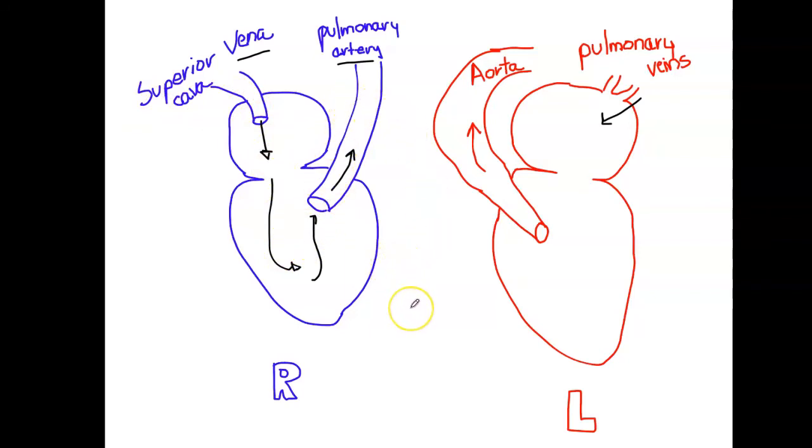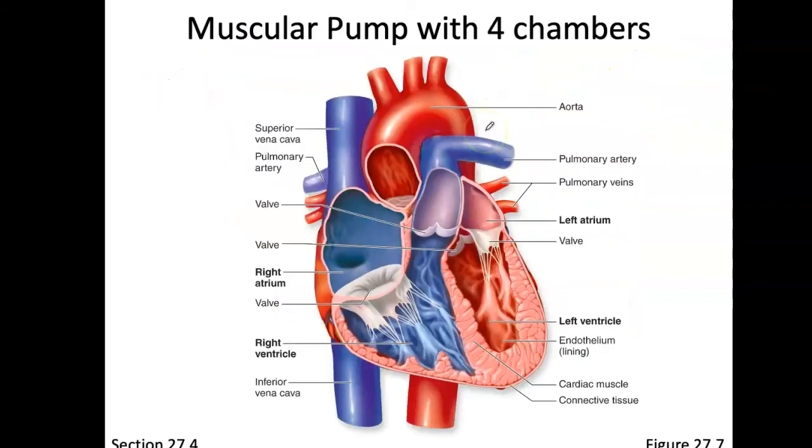That's what happens on the right. On the left, let's do the same thing. Pulmonary veins are arriving. So they're coming in, blood is coming down, it's sort of swirling around in here, and then out this other vessel. And that vessel is the aorta. So aorta is an artery, and this is veins. Okay, so if you made a simple drawing for yourself like this, then you would remember what comes in, what goes out, what comes in, what goes out.